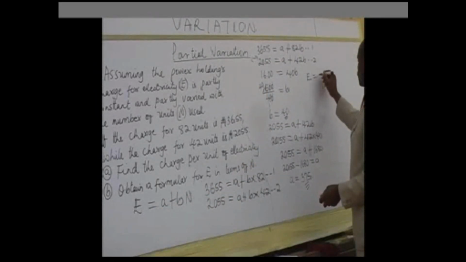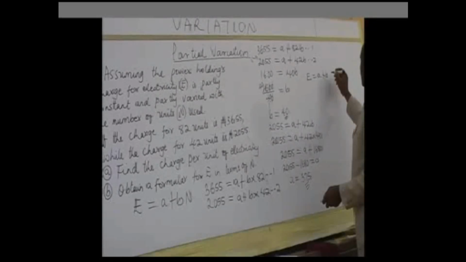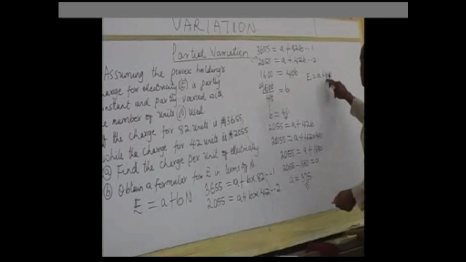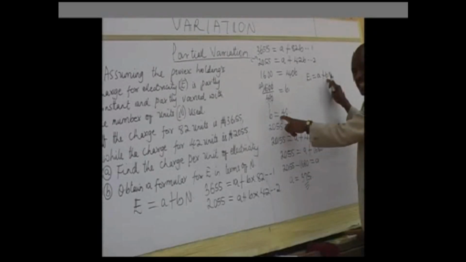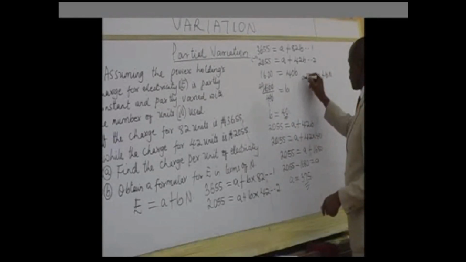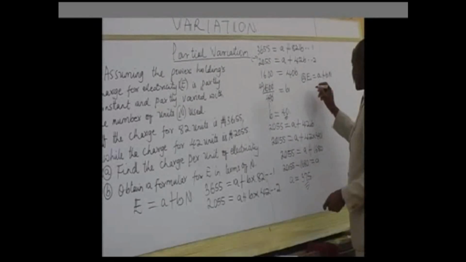This B is the unit charge of electricity because it is the constant that you must always multiply by whatever units you are given. So whatever the value of this B, which we have calculated here, that is the unit price of electricity.